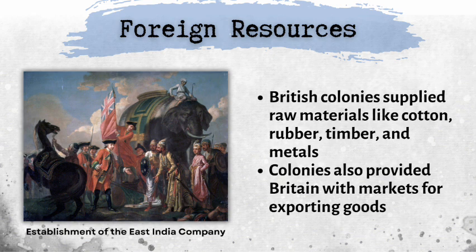The continuous cycle of resource extraction and goods export formed an economic engine that positioned Britain at the forefront of global industrialization. Essentially, Britain could get whatever materials it needed from almost anywhere on the globe.